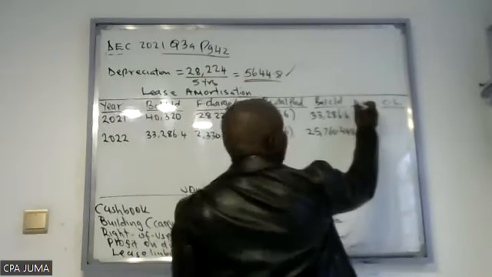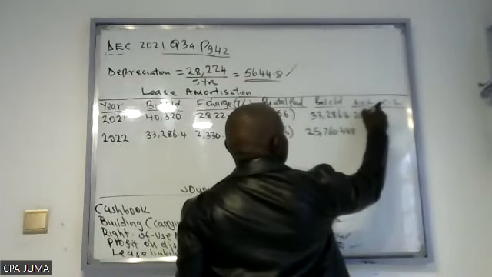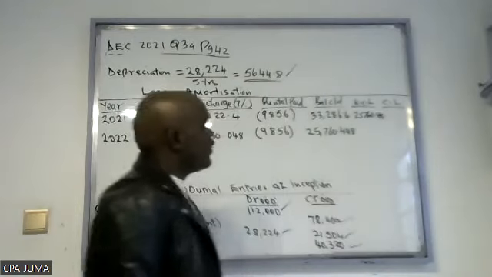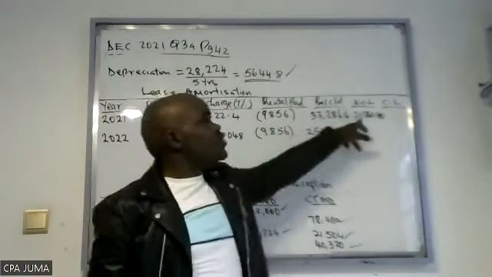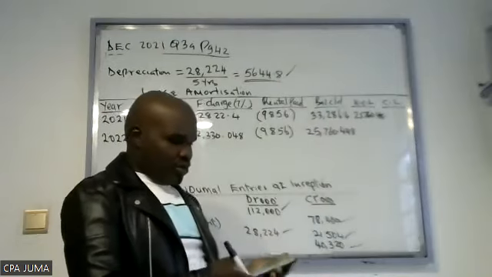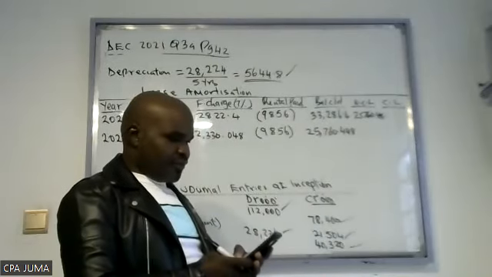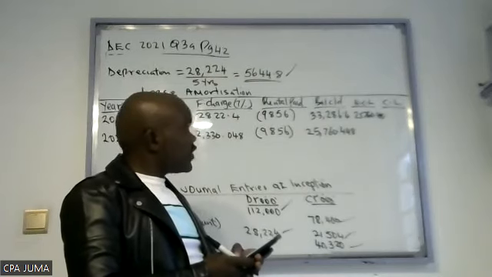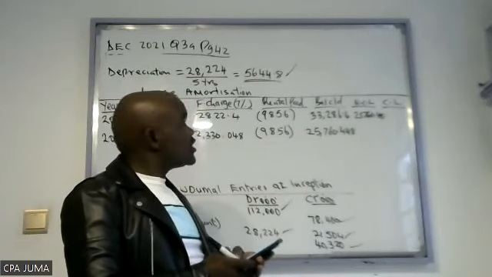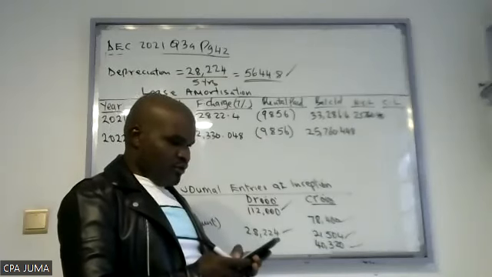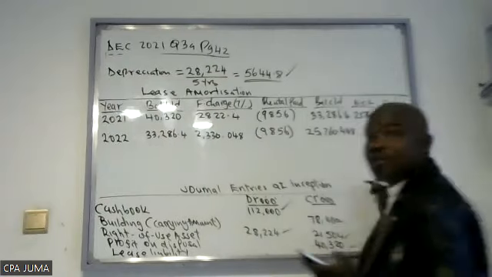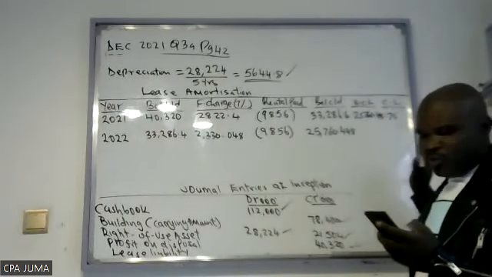So you say here, 25,760.448. Then the difference between 33 and 25 is short term.